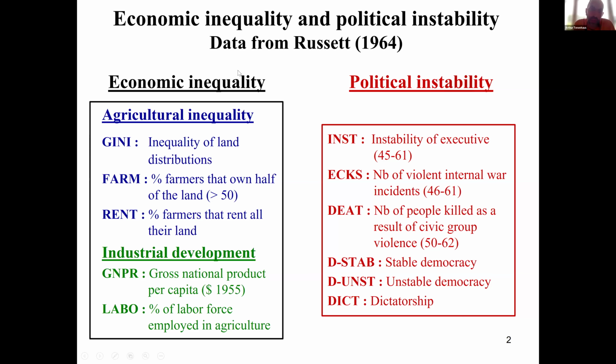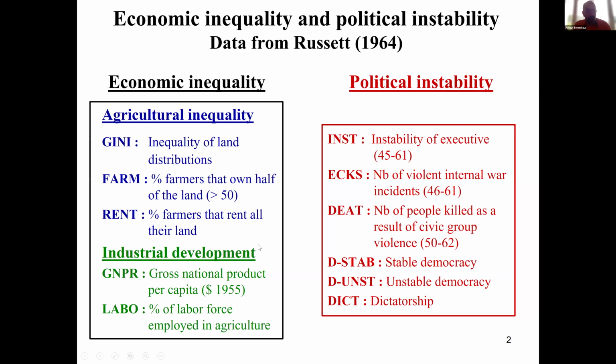And for economic inequality, in fact, we can subdivide it into two subtypes: agricultural inequality, so the economic inequality from the agriculture industry, and industrial development.